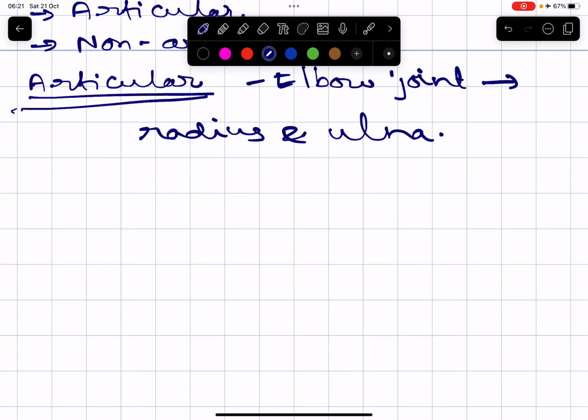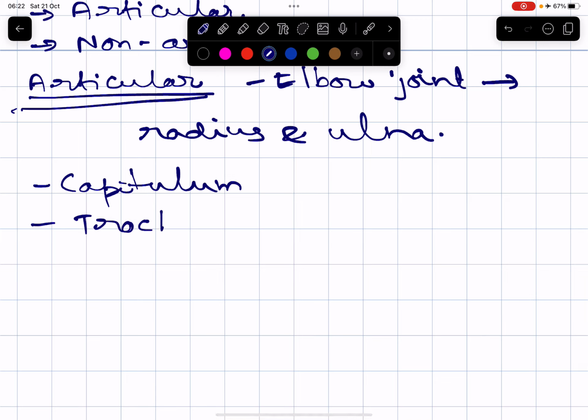The articular part consists of the capitulum, which lies laterally, and the trochlea medially.